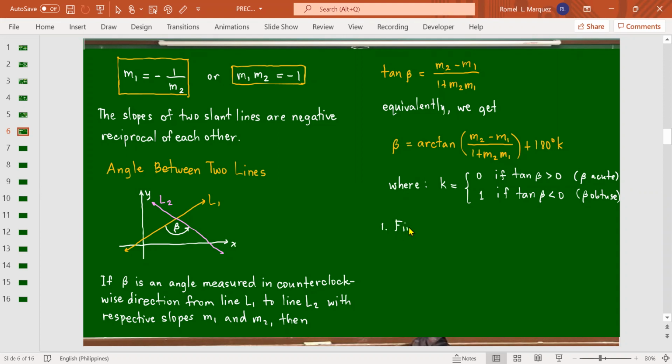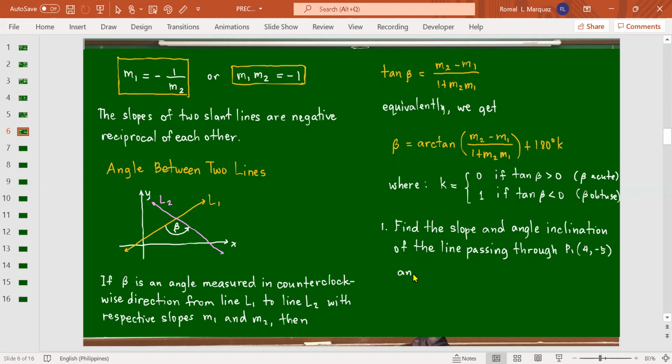Number 1, find the slope and angle of inclination of the line passing through P sub 1 (4, negative 5) and P sub 2 (negative 2, negative 3).